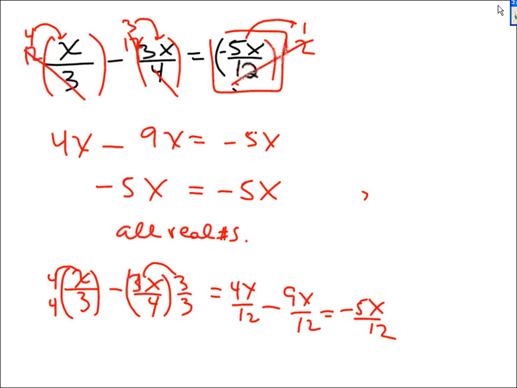I mean, if somebody says, what's the answer to this? You should say, oh, x can be any number. Because no matter what number you pick, 3 times that number equals 3 times that number. So it's called an identity. Any x will work.